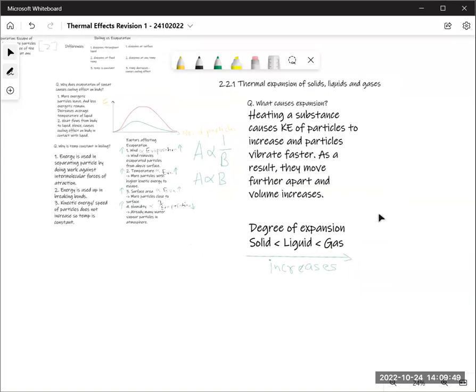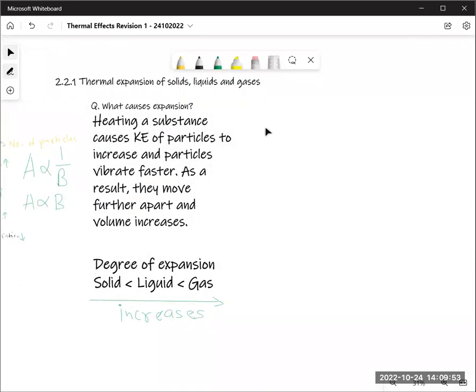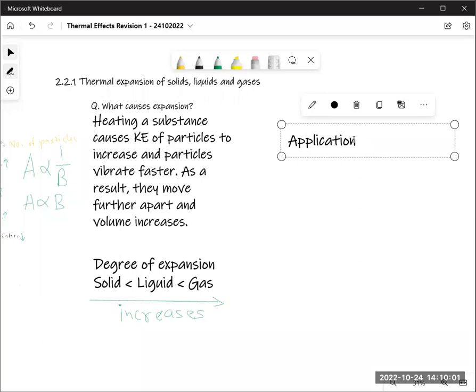No, fine. Now we look at this. I want you to read this out loud, quick. What causes expansion? Heating a substance causes the kinetic energy of particles to increase, and particles vibrate faster. As a result, they move further apart and volume increases. Degree of expansion: solid is less than liquid, and liquid is less than gas.